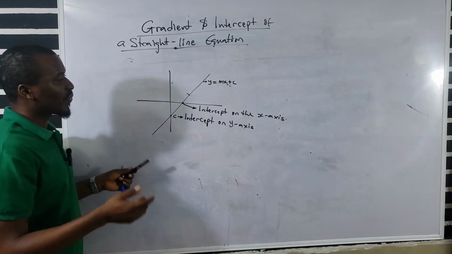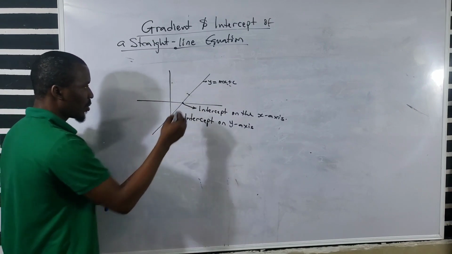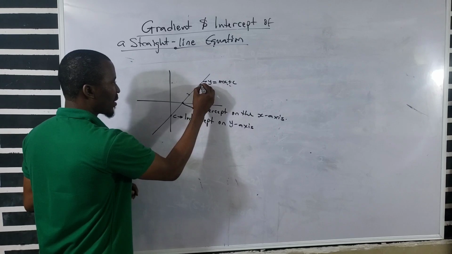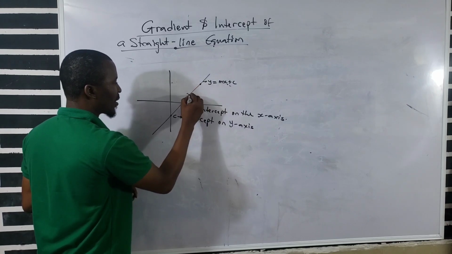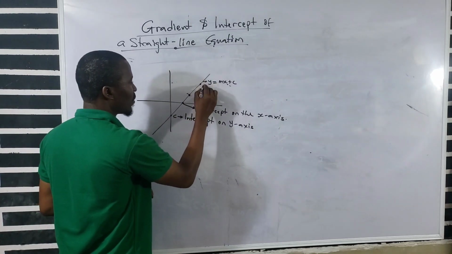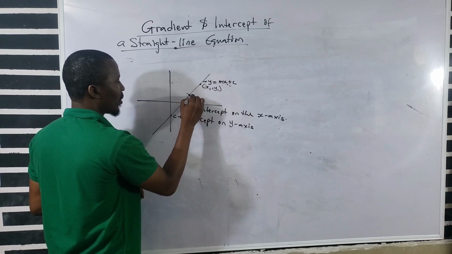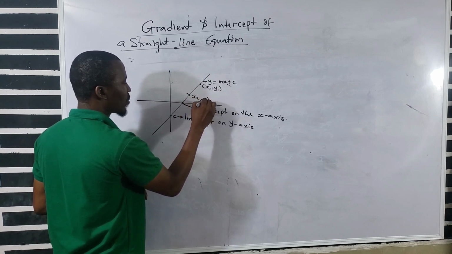Then, when you want to find the gradient of a straight line in a graph, you are supposed to pick two points on the line. So those two points will give you your x1, your y1, and your x2 and your y2.